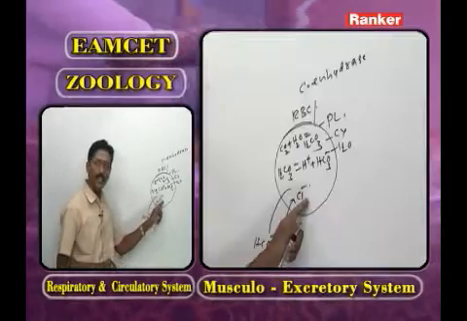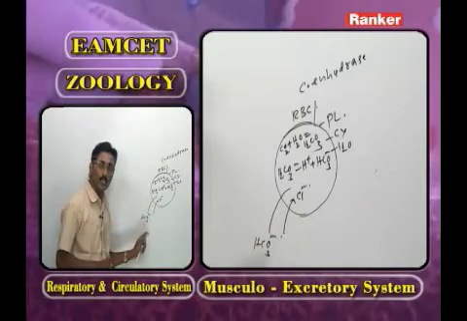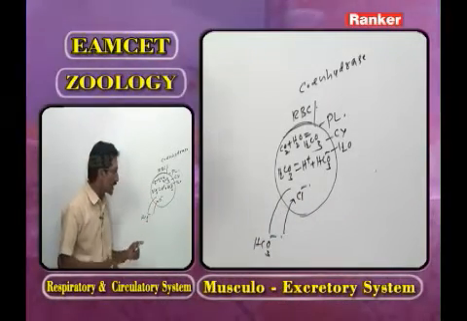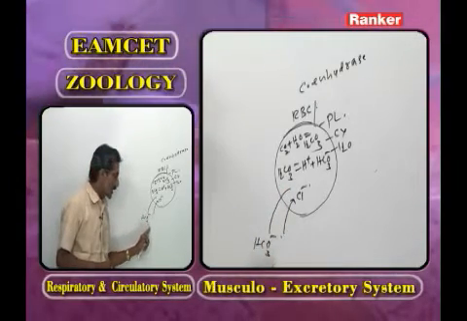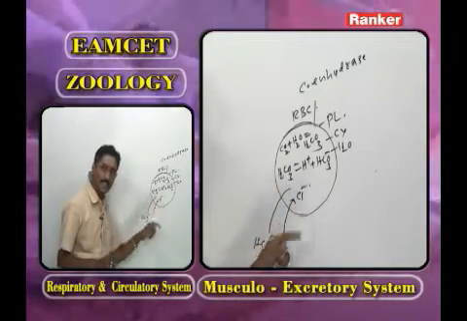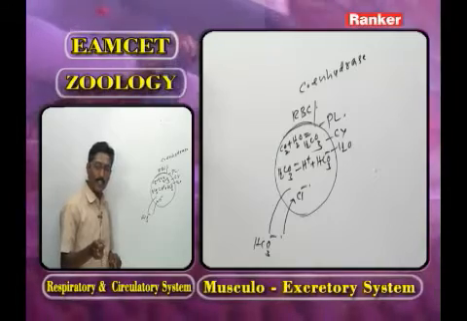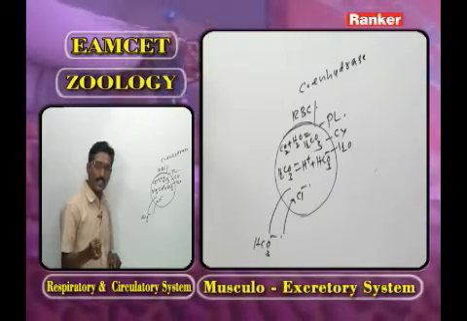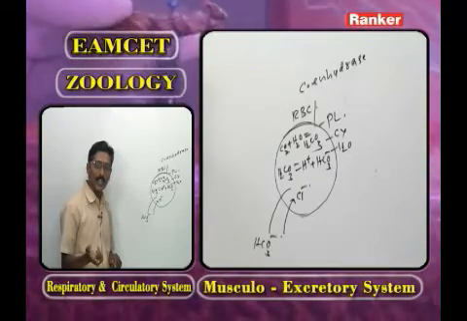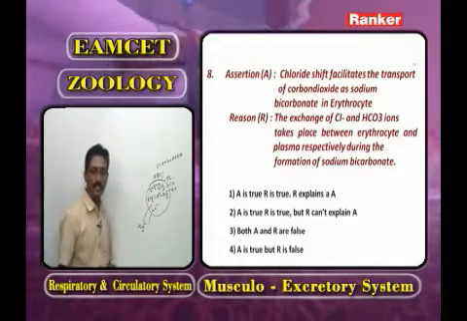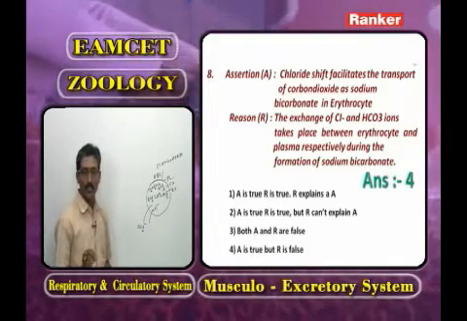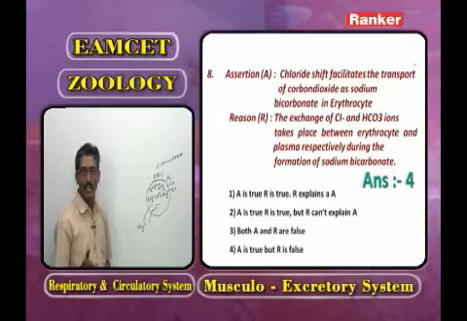First is Cl, next is HCO3, but it is wrong because first what will come out? HCO3-. Later what will enter into the RBC? Cl-. But here what is given? First Cl, next HCO3. So automatically the reason is wrong. The A is correct. So the answer is the fourth one. A is true, R is false.